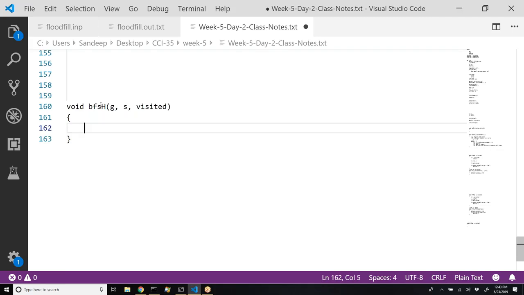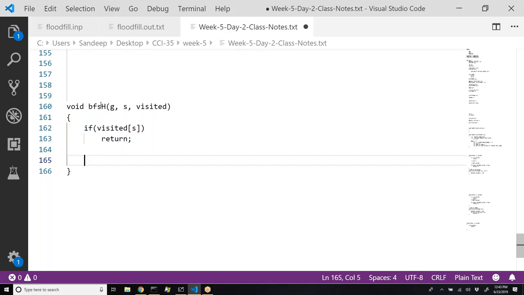So what does BFS suggest to us? Right. So the approach of BFS is, first of all, can I say if visited of S is true, return, because we want to call this function for every vertex which is unvisited.